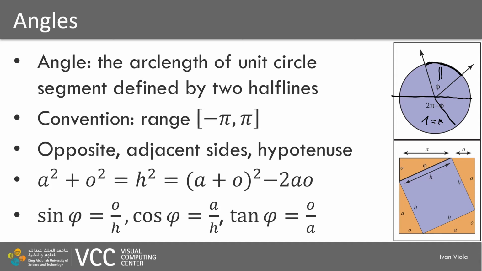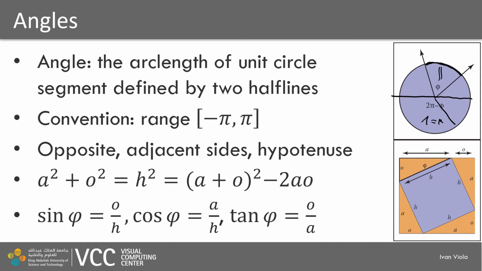Of course we can define the angle in degrees, and then this length is no longer preserved. But if we are talking in radians, then this will hold on the unit circle. So if we have a phi which is, for example, pi half, then the length of this segment will be pi half indeed.